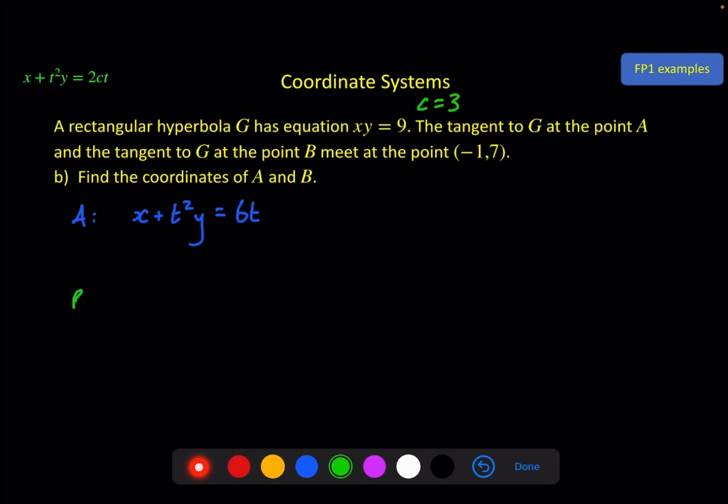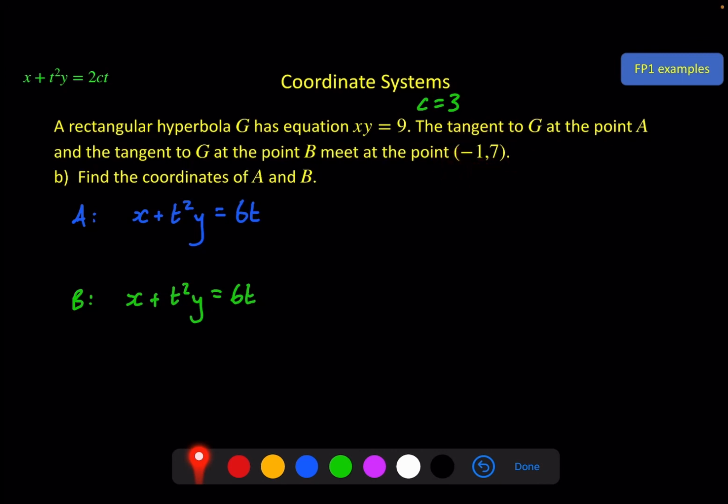We also know at B the same thing is true. Now it might seem like we need to find the value of t to distinguish these two, and that's true, we do need to find the value of t. But we're using the fact that they're the same in order to do that, because this one and this one meet at this point here.